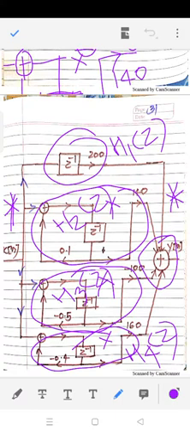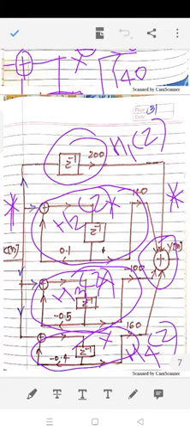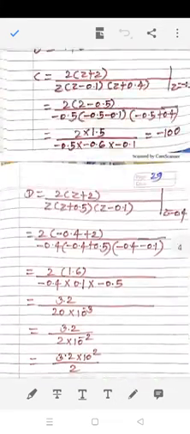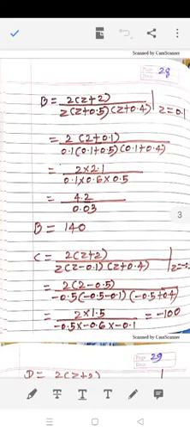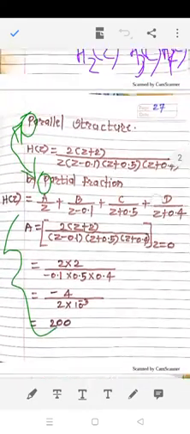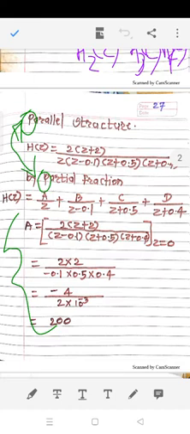Okay, so this is the parallel structure for us. We will revise again the structure. First of all, we are having H of z with us. In the first form we have seen the cascade structure. Now in this section we are seeing the parallel structure. So convert the given H of z into the partial fraction expansion form. Find out the values of A, B, C, D, all the variables that you are representing.